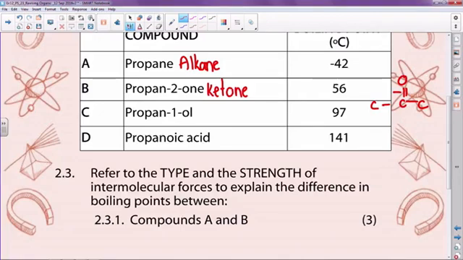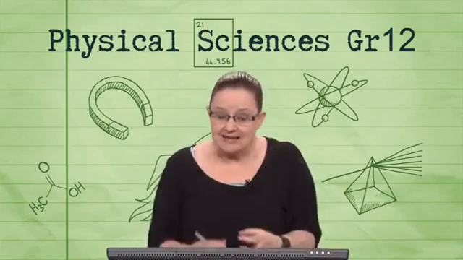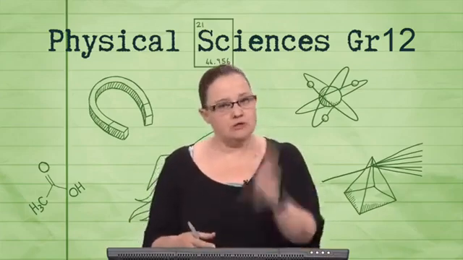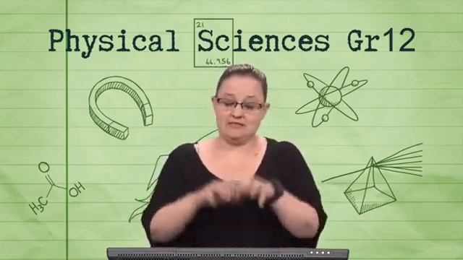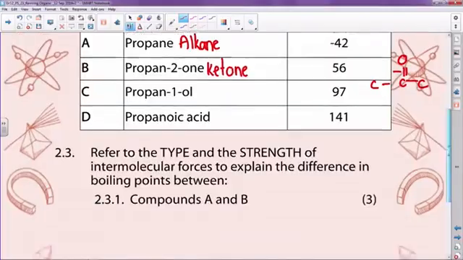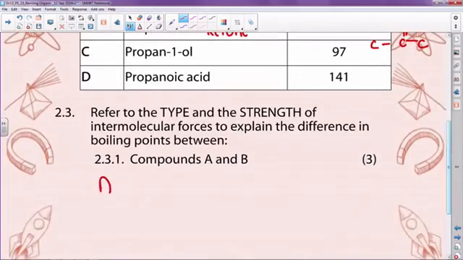That means it must have significantly weaker intermolecular forces. Because it's an alkane, it is nonpolar. It's a nice nonpolar molecule. That means A has London forces, or you can call it dispersion forces, that's fine.